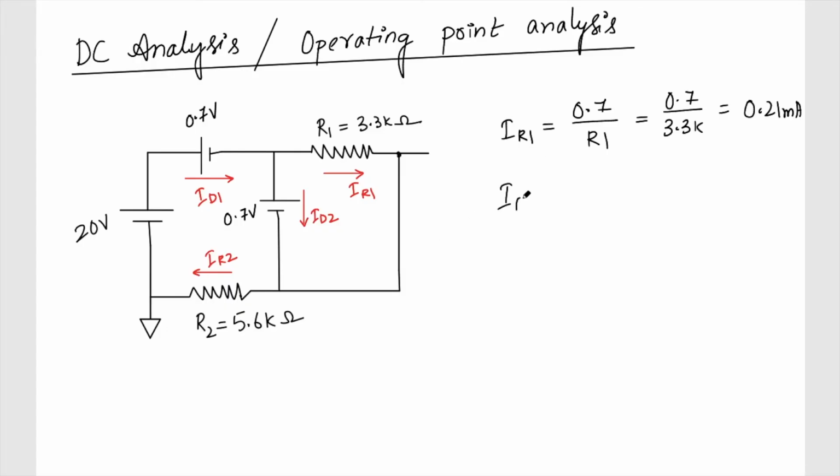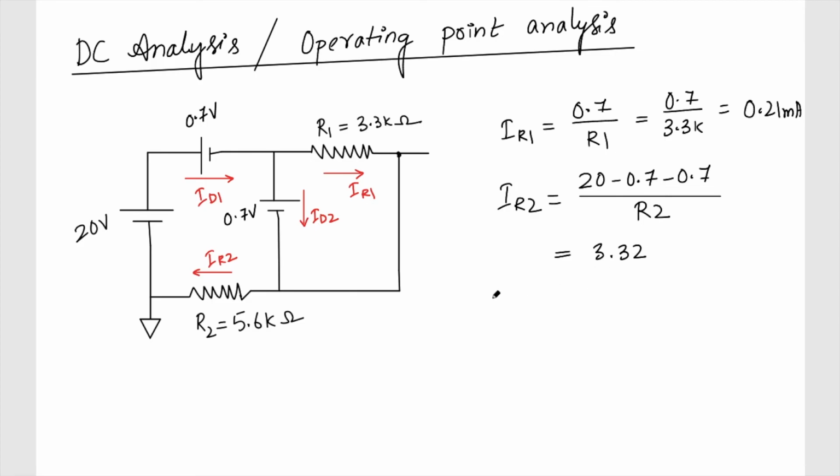IR2, if we do simple KVL of this loop, the total voltage drop across these two resistors, if you see this 20 volt, minus 0.7, minus 0.7, so 20 minus 0.7 minus 0.7 by this resistance R2, it is 3.32.